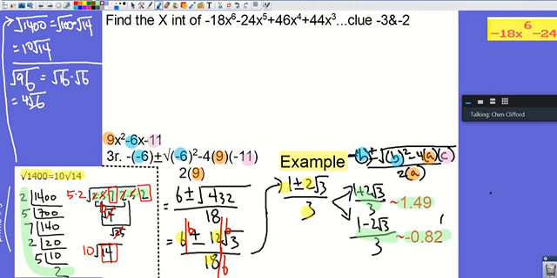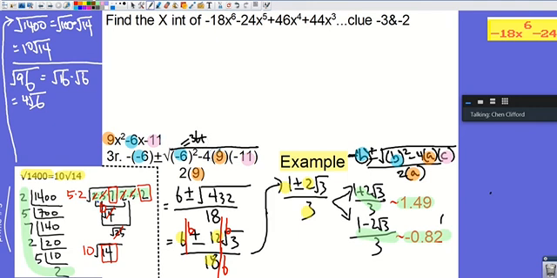Okay, and pink. Now when you combine like terms in the square root, this becomes 36. And because you have a double negative right here and here, this becomes a plus sign.